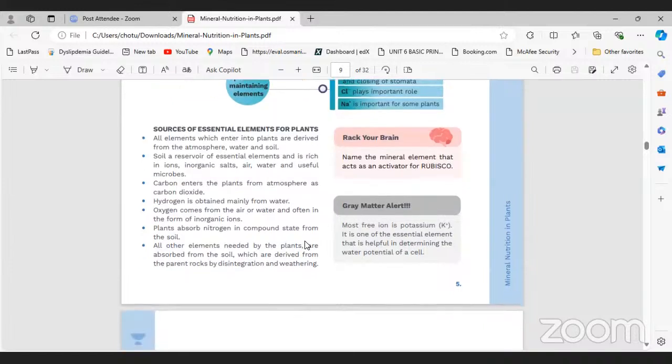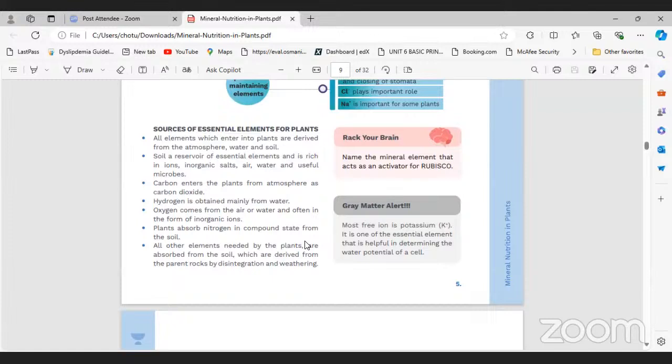Carbon enters the plants from the atmosphere as carbon dioxide. Hydrogen is obtained mainly from water. Oxygen comes from air and water, often in the form of inorganic ions.